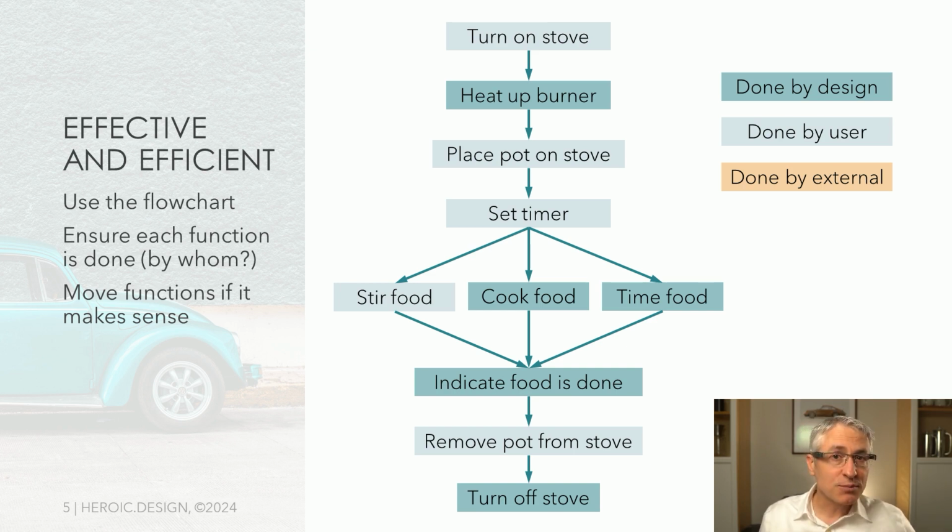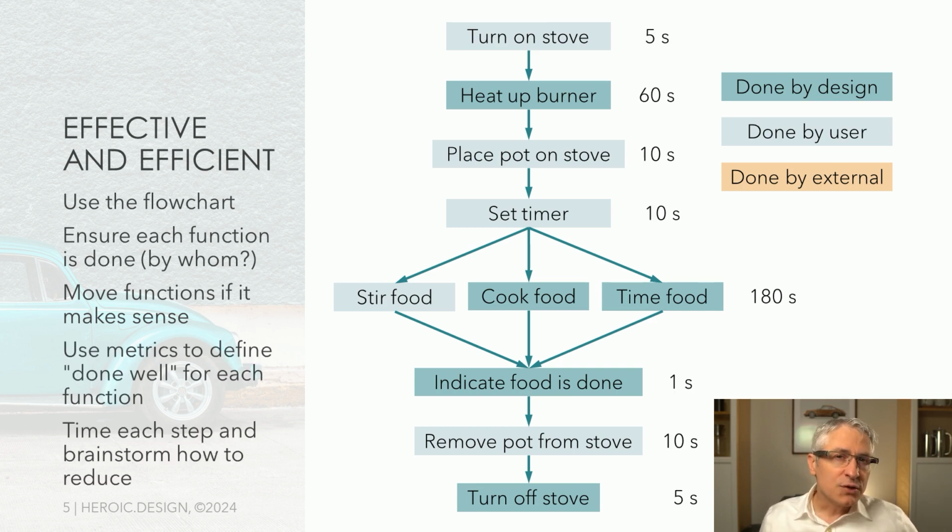Look at each box in your process flowchart, define the metrics, and ensure your design meets them. Some of this data could be in your original requirement list. Efficiency is just one of these metrics for each step, time. You can test all of this with a stopwatch, just like they do in a factory. Your user is typically not a factory worker, but you still want a process that they can easily flow through.